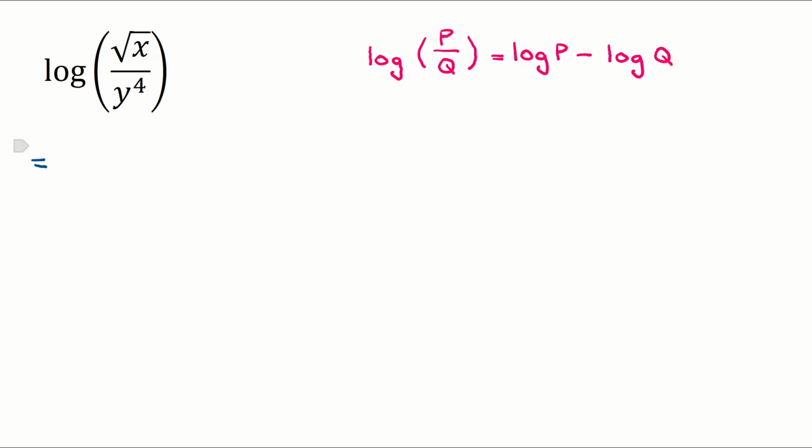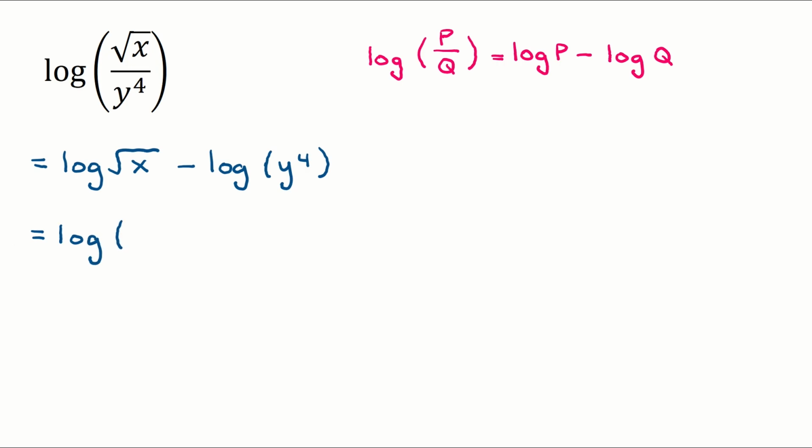We split it up, so we get log of the numerator, which is the square root of x, minus log of the denominator, which is y to the power of 4. Now, before we do anything, instead of writing the square root of x, I'm going to use an exponent rule to change that to x to the power of 1 over 2. It's just another way of writing a square root, and that'll make our next step easier.